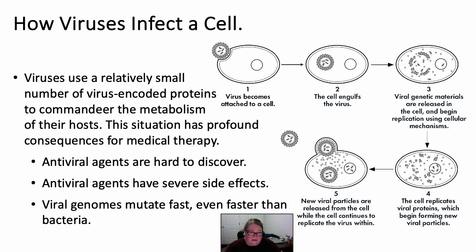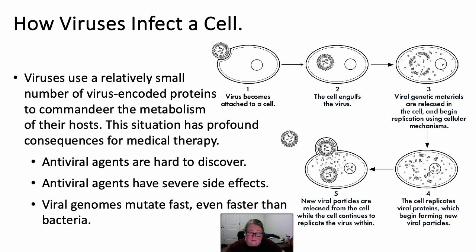This is why they're hard to discover, and it's also one of the reasons why they have severe side effects, because the only things that we really have to target with viruses are the same things that they use to manipulate their way into our cells. So we're going to affect our cells as well with these antivirals, which is why they have very severe side effects. But also because viral genomes are small, they replicate quickly and they have high mutation rates.